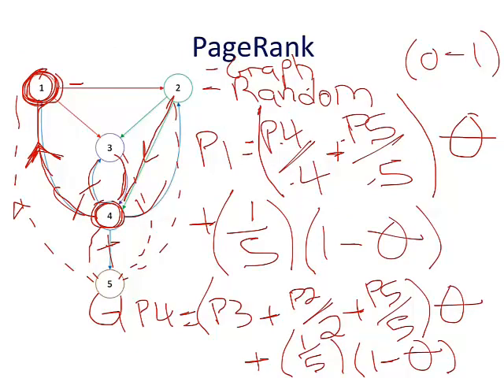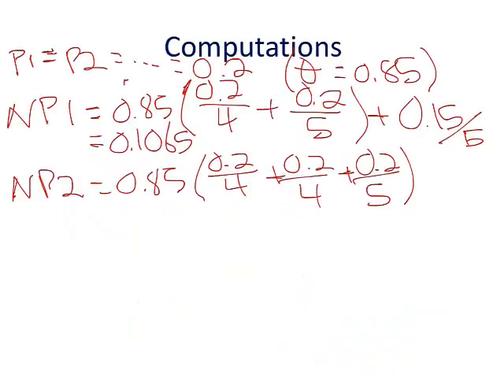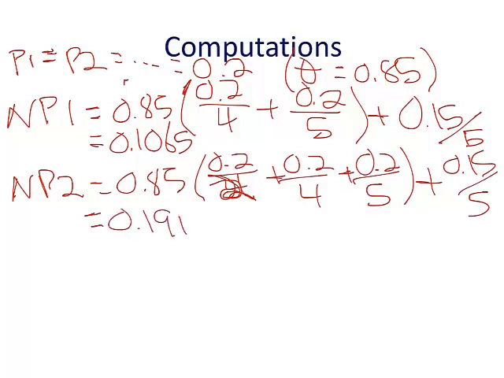We have node 1 pointing to node 2, and we also have node 4 pointing to node 2, and we also have node 5 pointing to node 2. And so I believe I made a typo here, actually. Yes, this should be 0.2 over 2, because that's for node 1, plus 0.15 over 5. And that will come out to be 0.1915.